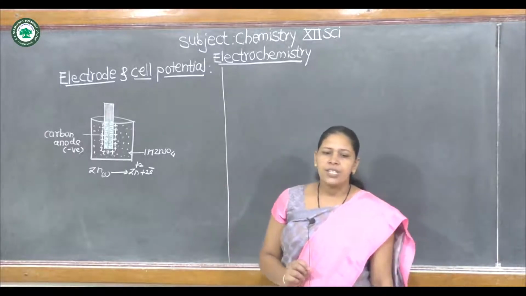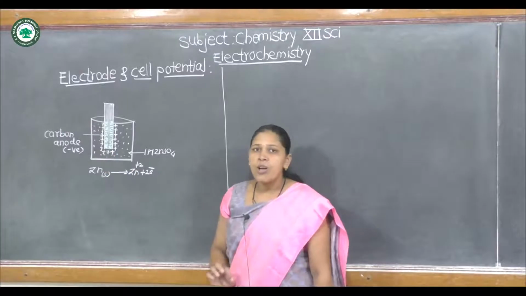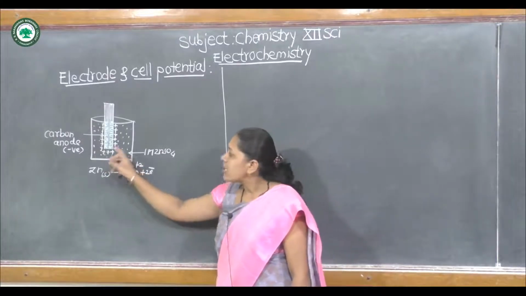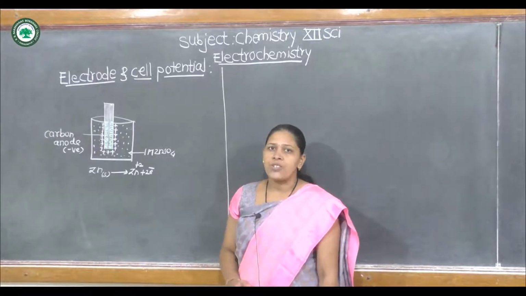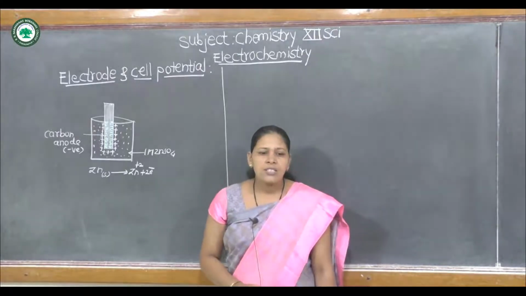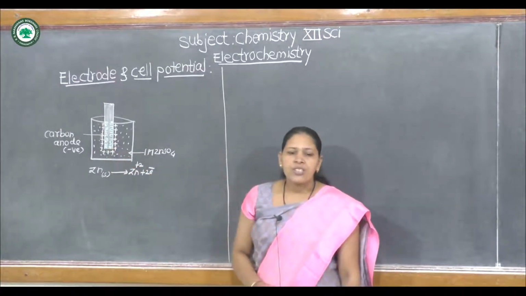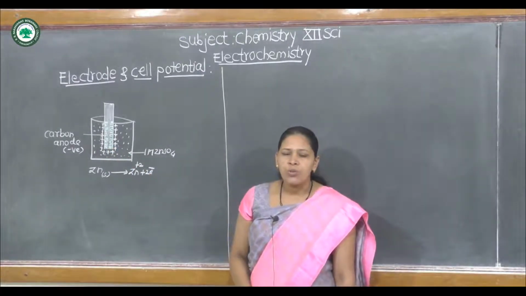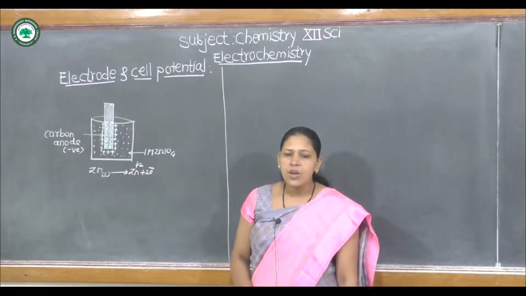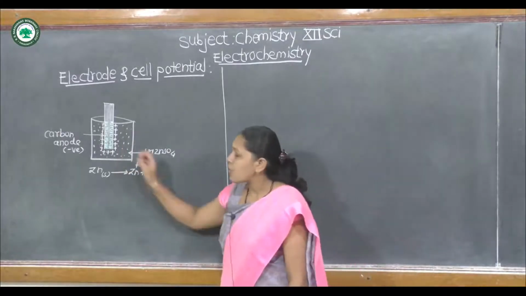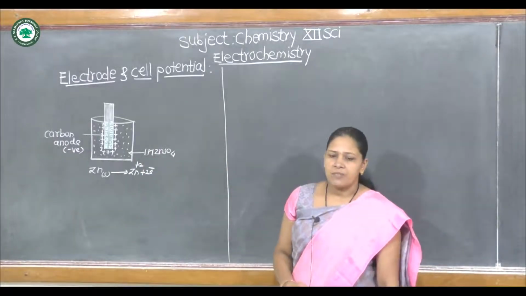At the surface of this solid electrode and its solution there exists an electrode potential. Thus the potential difference established due to the electrode half reaction occurring on the electrode surface is called electrode potential.